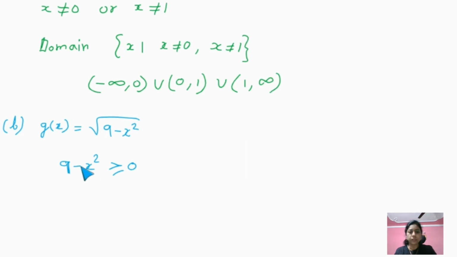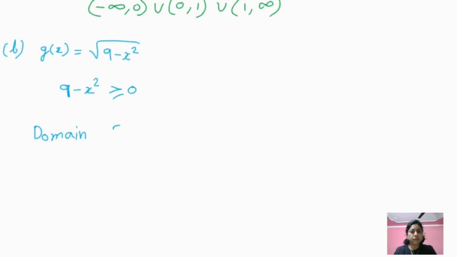So what can the x value be? Maybe 3, minus 3, and between minus 3 and 3, right? Because we can't go more than 3 or less than minus 3. So what is the domain here?